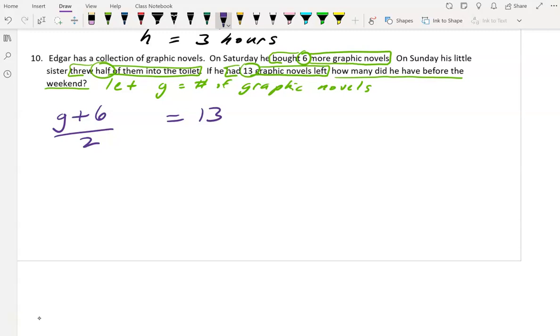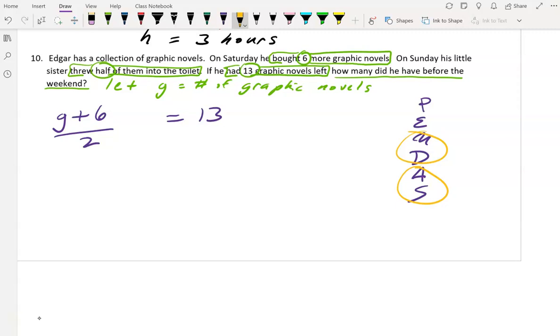Now this is an interesting one to solve because it doesn't necessarily follow our regular rules. Because remember, we solve order of operations backwards, right? We do PEMDAS backwards when we solve equations. So that means we would undo any addition or subtraction first, then multiplying or dividing next, and then exponents, and then parentheses after that.